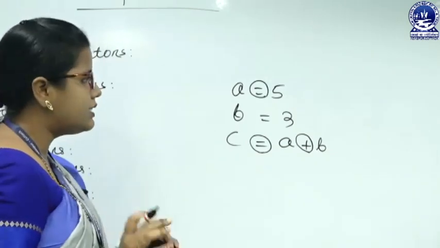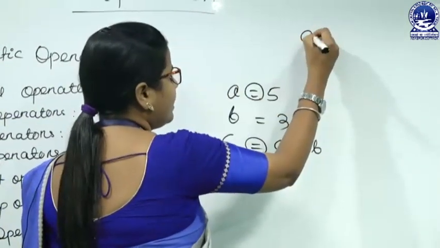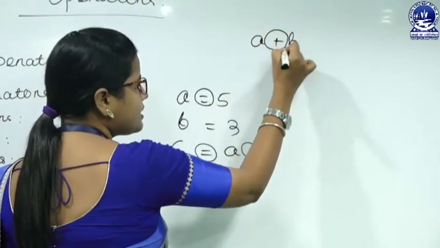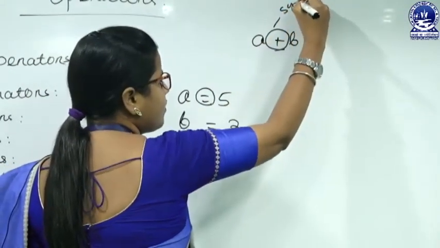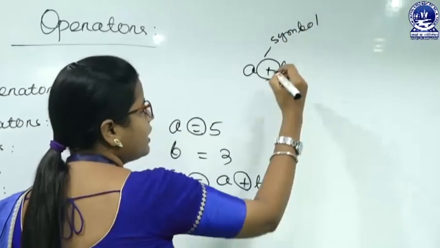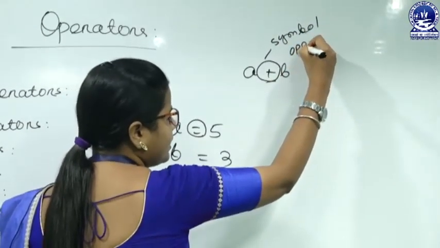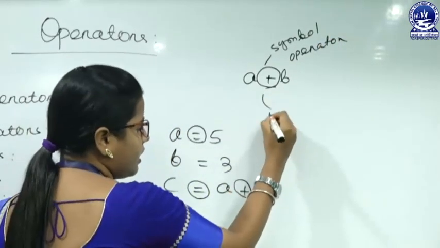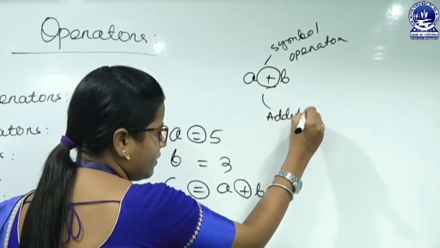operator. So in general, when I am writing A plus B, plus is the symbol which we can call an operator. And which operator is this? This is an addition operator.